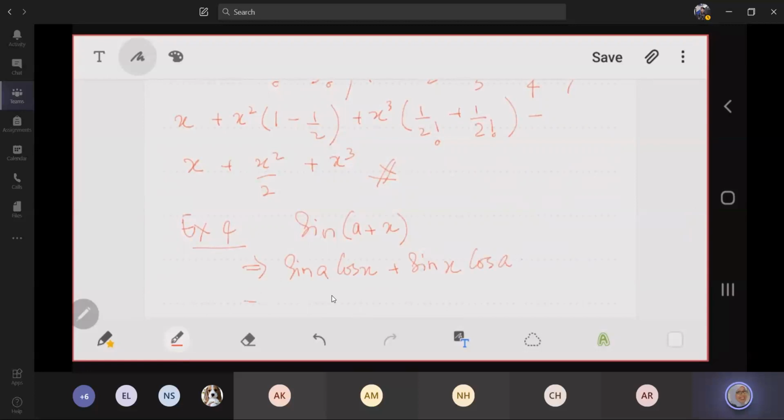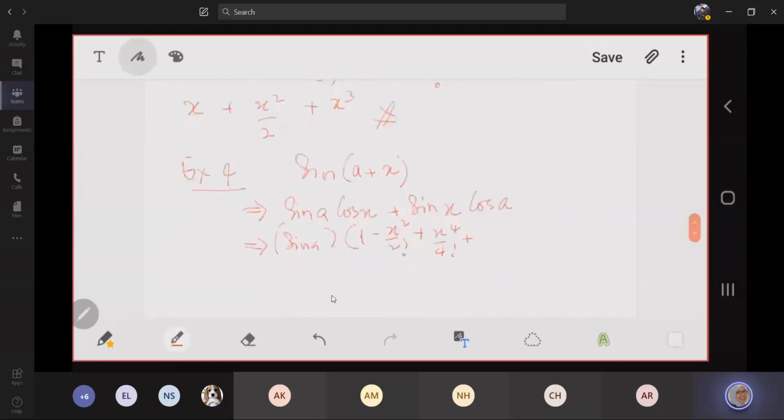Then you get sine a and the series expansion of cos, which is 1 minus x squared on 2 factorial plus x to the 4 on 4 factorial.